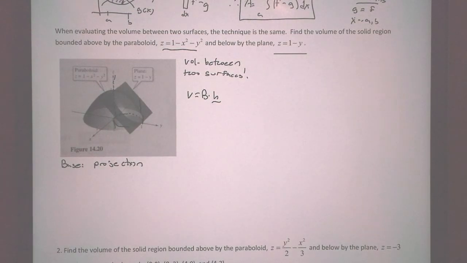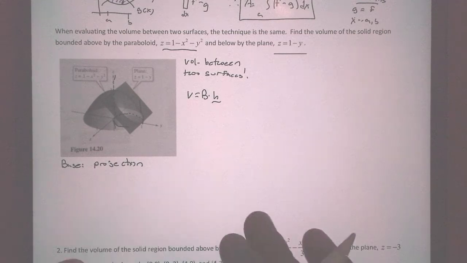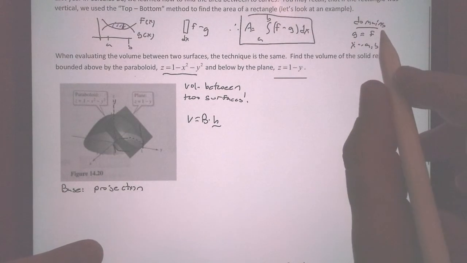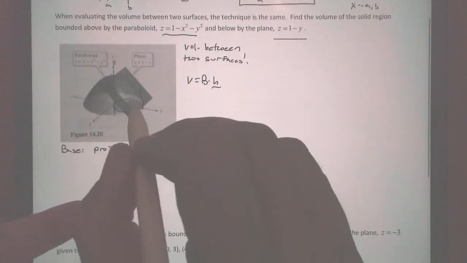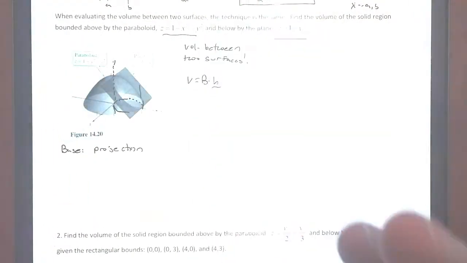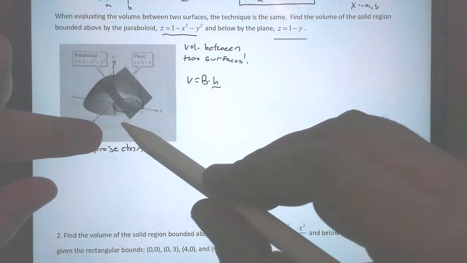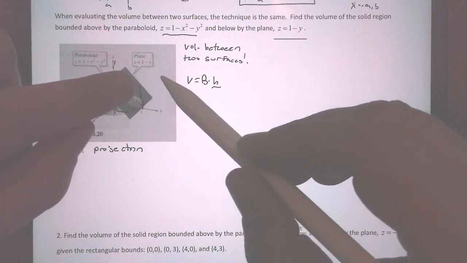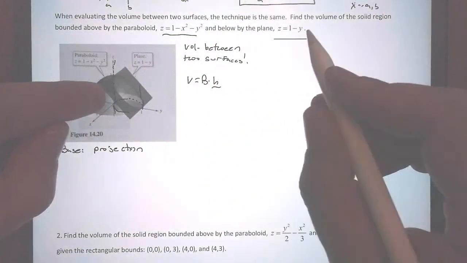We have to find the equation of that base. How do we do that? It is going to be very similar to how we found the domain. We're really looking for where on the xy plane is the intersection of the plane that they give us and our paraboloid.